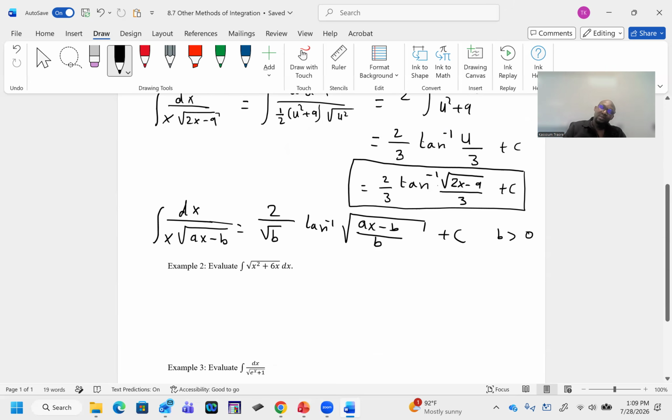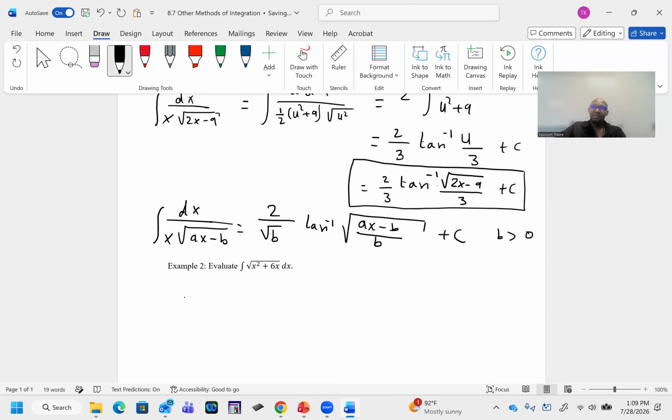So now, if I have to find the integral of square root of x squared plus 6x dx, what should come to my mind is completing the square, right? So I can have something like square root of u squared minus a squared du, which I will be using ln for, right?